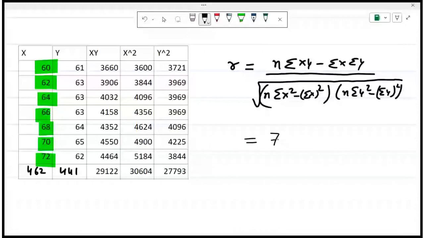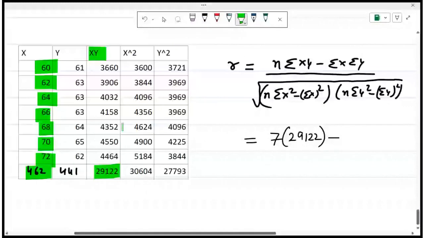This is xy and the sum of xy is 29122. So 7 into 29122 minus sum of x, which you can see here is 462, into sum of y, which is 441.